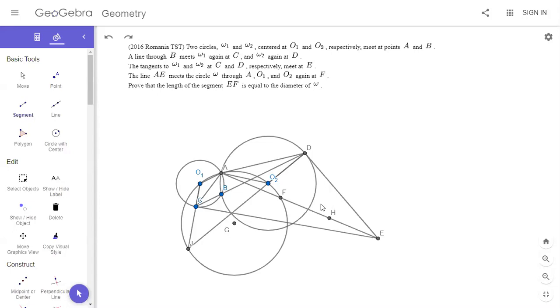Is it obvious that J, A, B, and E is cyclic? I'm not seeing how to show that.